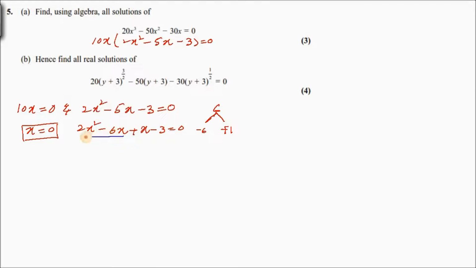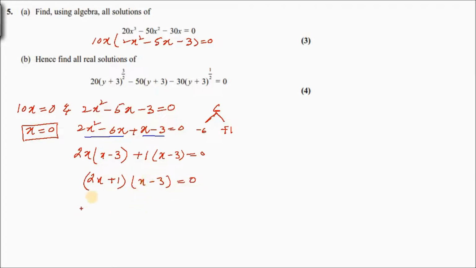From the first 2 terms, we can take common 2x, so 2x times (x minus 3), plus from the rest of the 2 terms we take 1 common, so (x minus 3) equals 0. Finally we have (2x plus 1) and (x minus 3) equals 0.